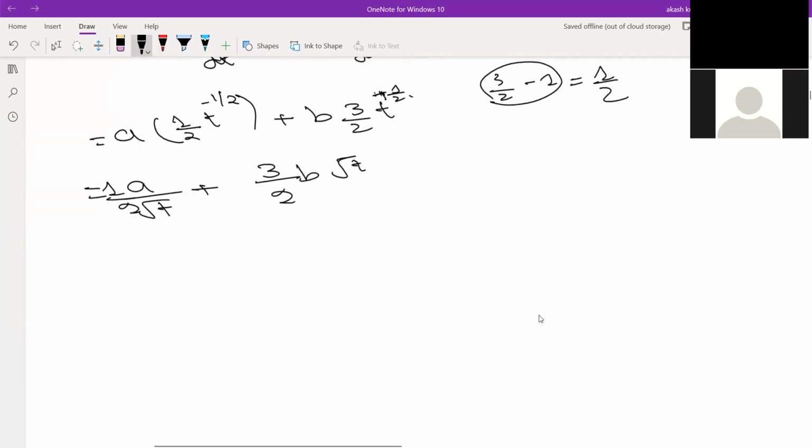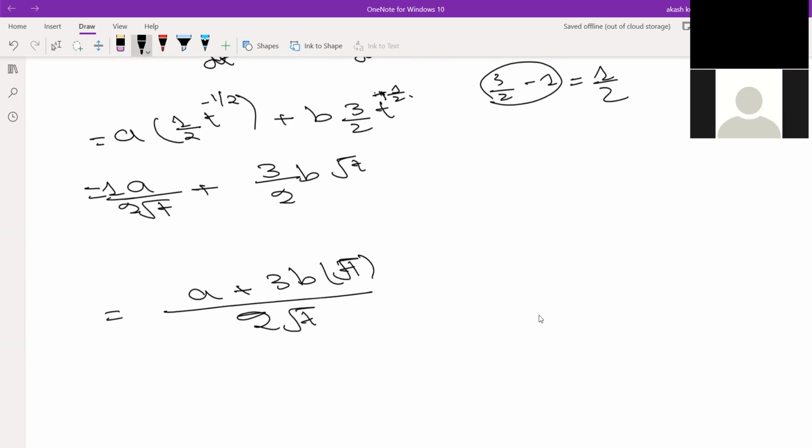So now taking the LCM, 2 square root t, and it will be a plus 3b square root t multiplied with square root t, because we have 2 already here. So we just need to multiply square root t. We are just cross multiplying it.